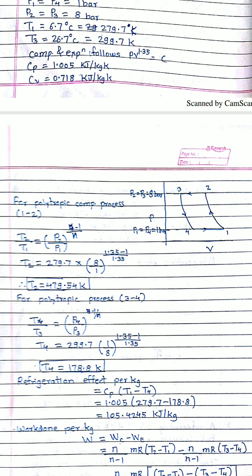So T4 is equal to 299.7 into 1 upon 8 raised to 1.35 minus 1 divided by 1.35. After simplification and calculation, the value of T4 is 178.8 Kelvin.